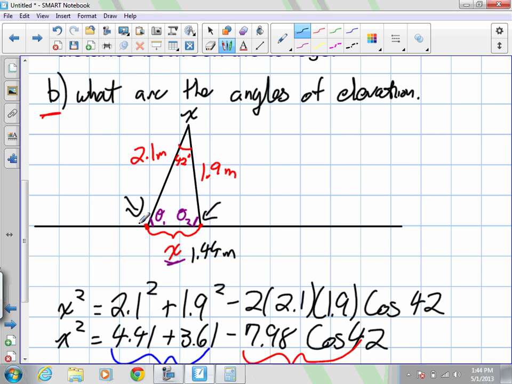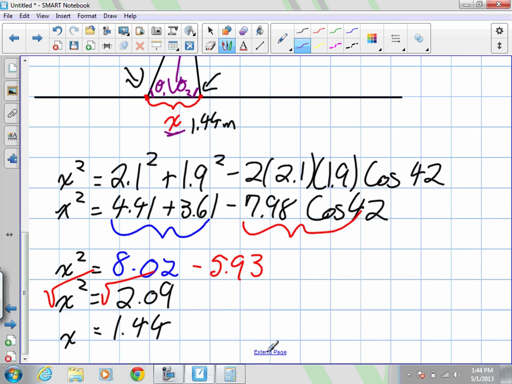The fastest route from here will actually be to use sine law, because we'll now have a complete ratio. We'll have both x's, and then we can just find for either one. So I'm going to find the angle for 2.1 meters in length. Let's set up our sine law.